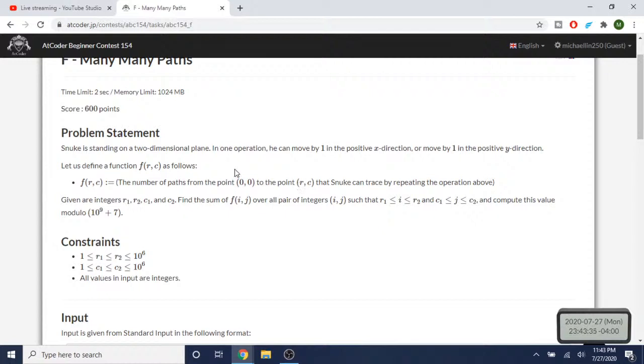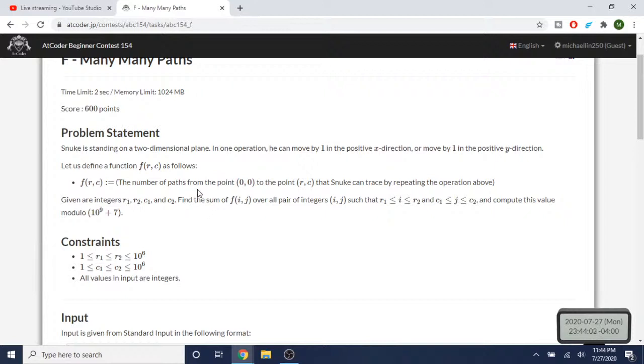Because if you're just going to go right and go up, the number of paths is going to be R minus 0 times C minus 0, because you could only go up one or go right one. So it would be R times C, I think.